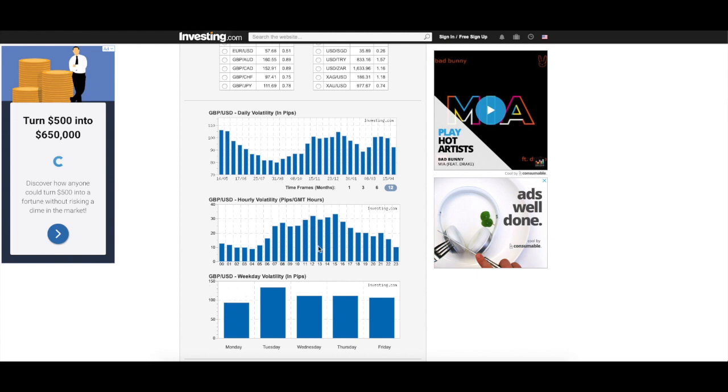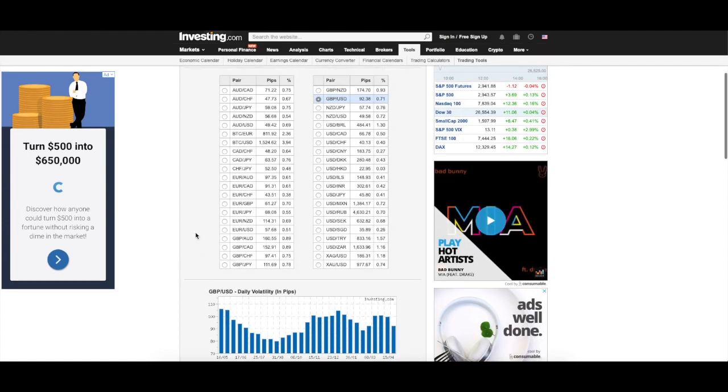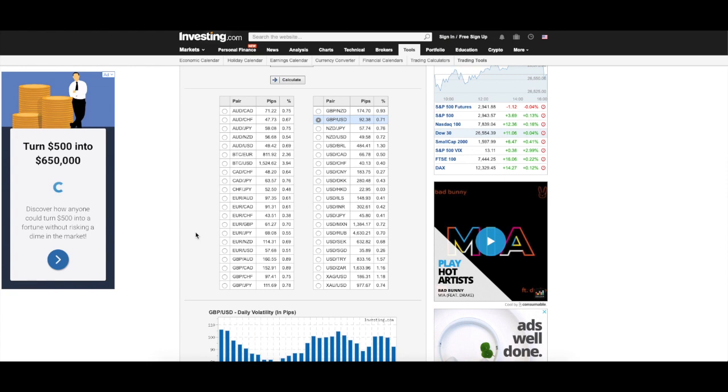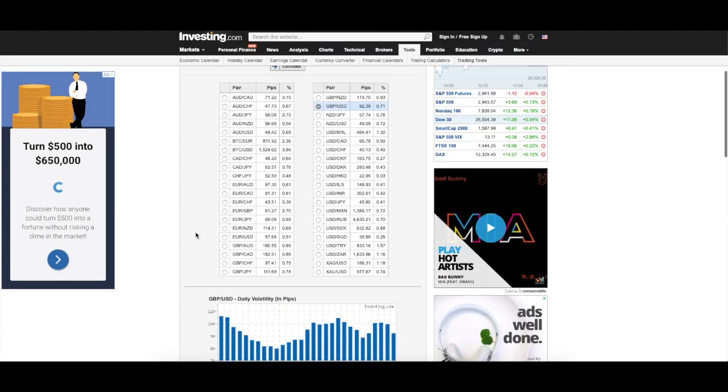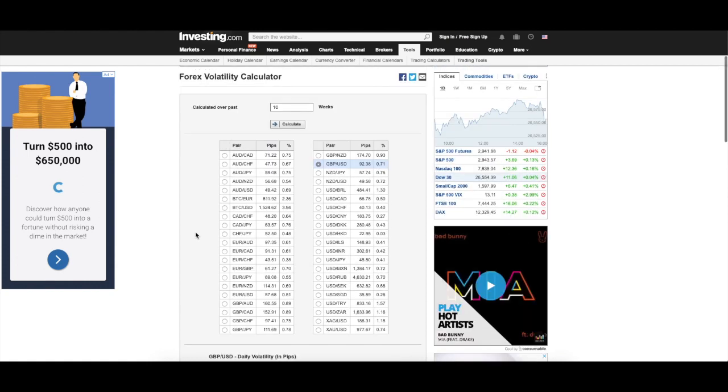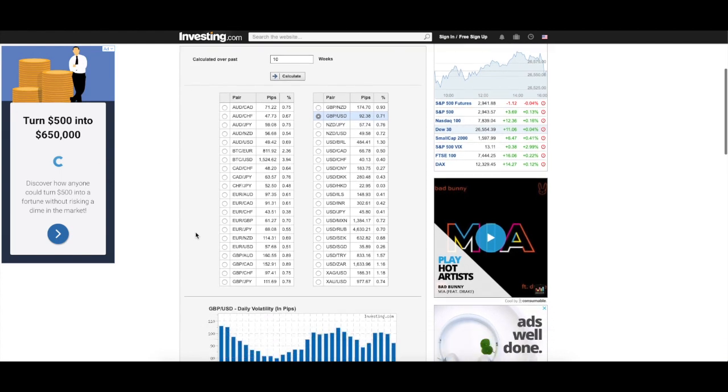Then you take a look at what hours they're the most active, what hours they have the most volatility, and you look for setups throughout those hours. It's just something that gives you a little more of an advantage when trading the U.S. session. It's just little pieces of extra tools that you'll have available to you.